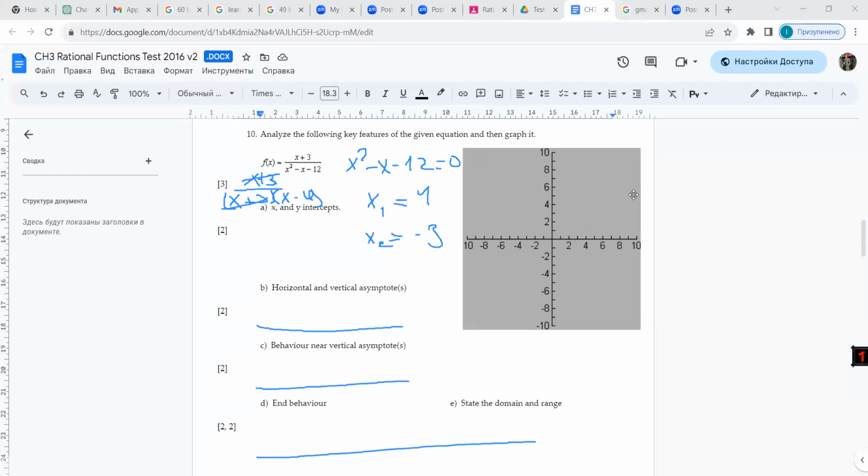End behavior here, Safa said none, but it's not correct. I'm gonna show you why. So end behavior, we do x travels to infinity. We check what happens. So infinity plus 3 divided by infinity squared minus infinity minus 12. As you can see, infinity squared gives the most significant impact to this function.